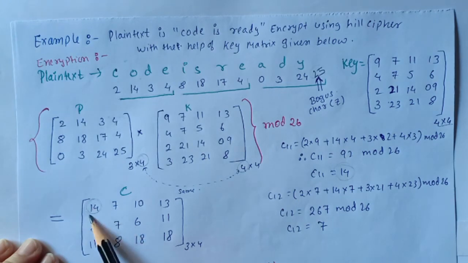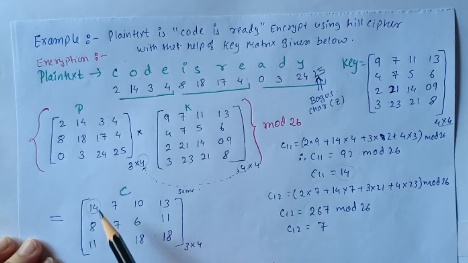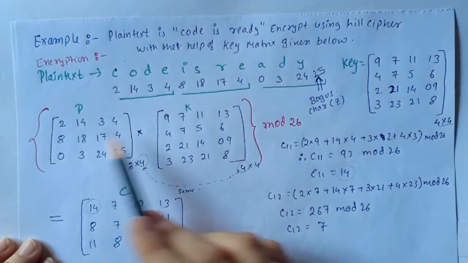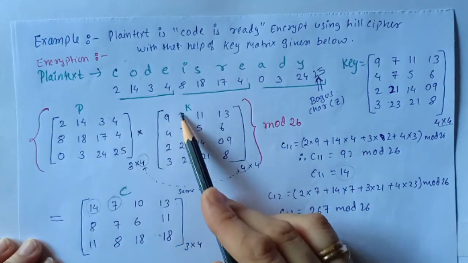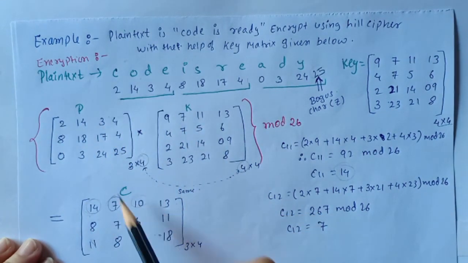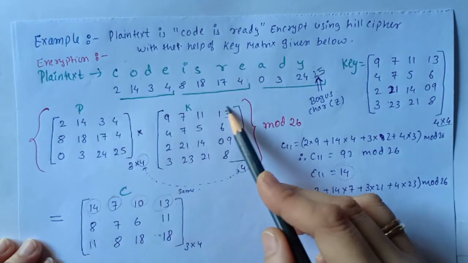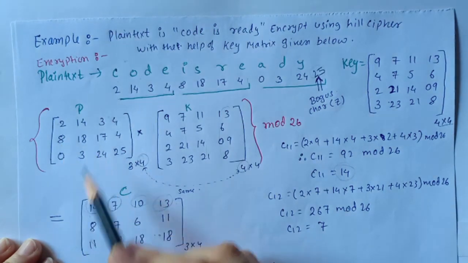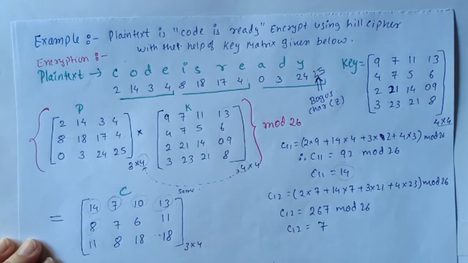For all the remaining values we will do the same way: for this value row into second column, for this value row into third column, for this value row into fourth column, for this value second row into first column, and so on.